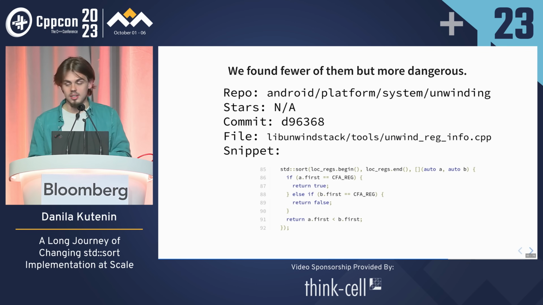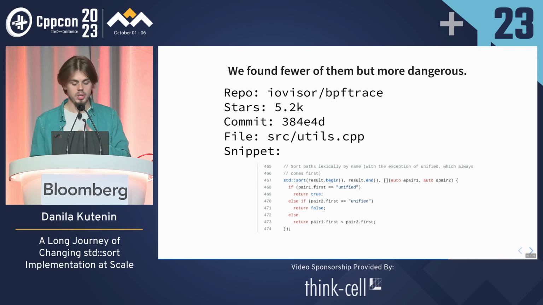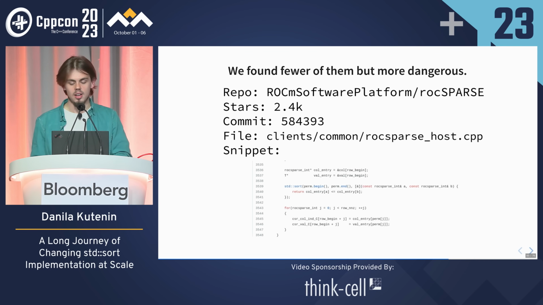A lot of bugs in open source as well. So this is some Android. This is the bug of the case where if all elements are equal to CFA reg, then this might result in a failure. BPF trace, same bug, 5,000 stars.